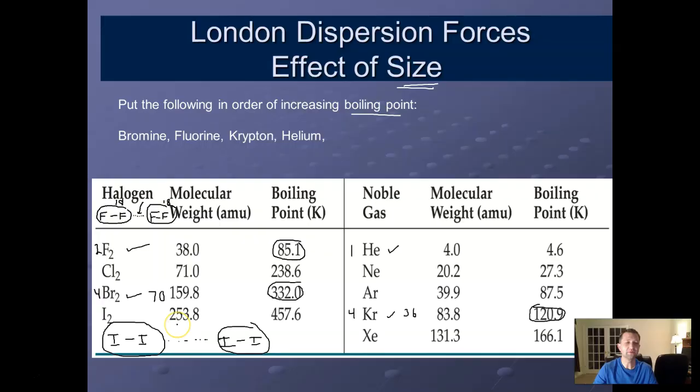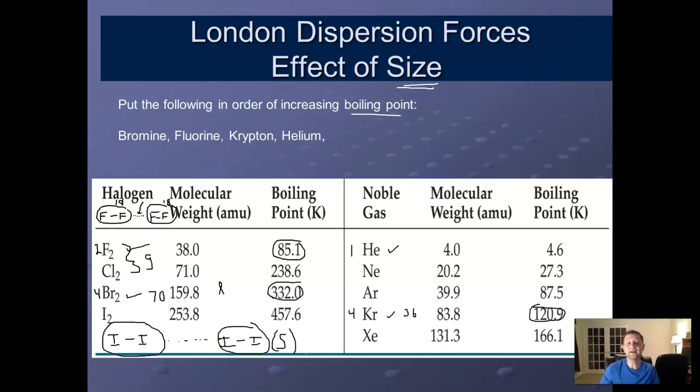So if you look at the halogens as well, fluorine and chlorine are both gases because the boiling point is so low. Bromine is a liquid at room temperature. Because of the greater size and the greater London dispersion force, iodine is actually a solid at room temperature.